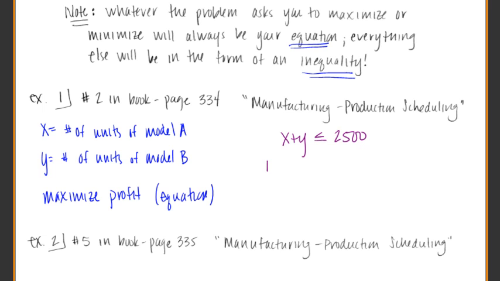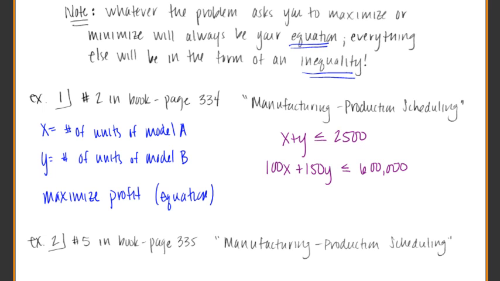So it's $100 per Model A, so times X, and $150 per Model B, and that needs to be, because at most they can spend is $600,000. We can equal it, but we have to fall at least below $600,000. Okay, there's our second inequality.